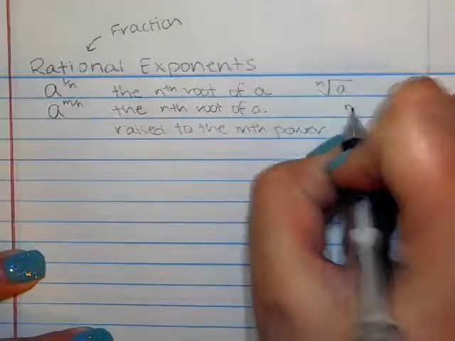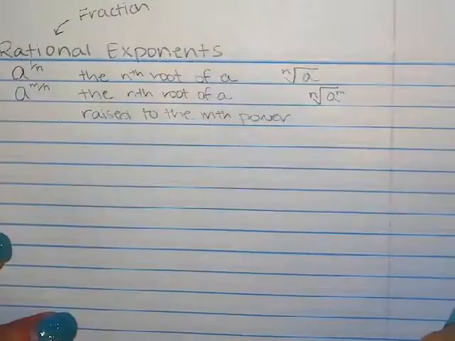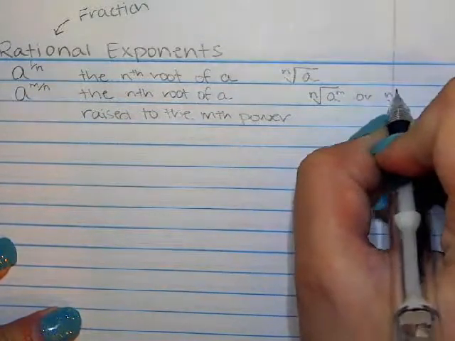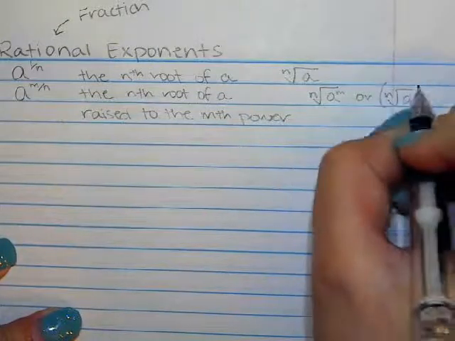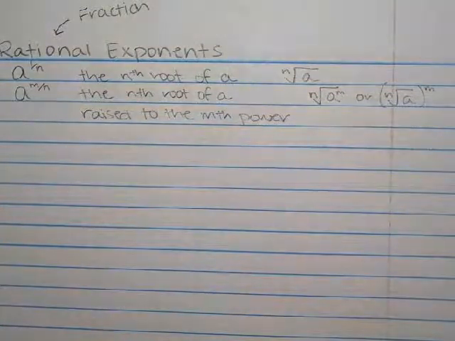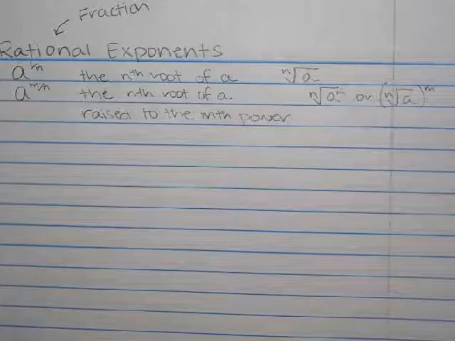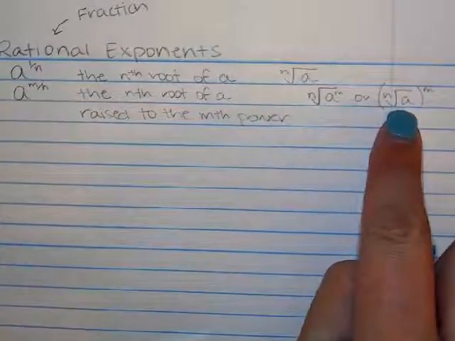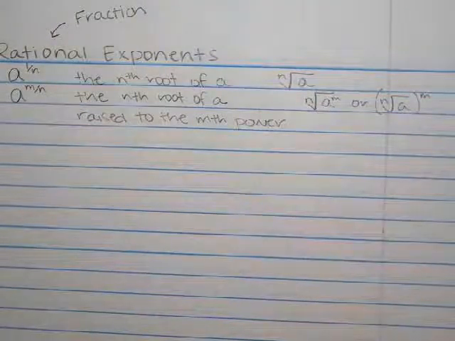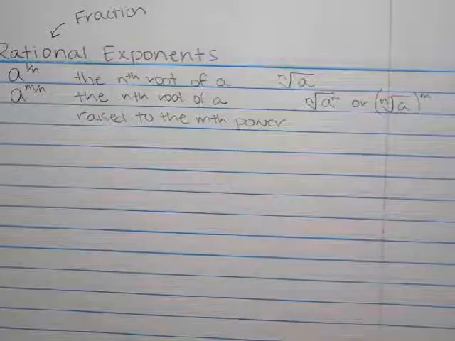You can say the nth root of a raised to the mth power. So you can write it like that. Or you can say the nth root of a raised to the mth power, so you can put the m on the inside of the radical with the a, or you can do the nth root of a first, and then put the m on the outside of the entire thing. Either way, doesn't matter. Okay?